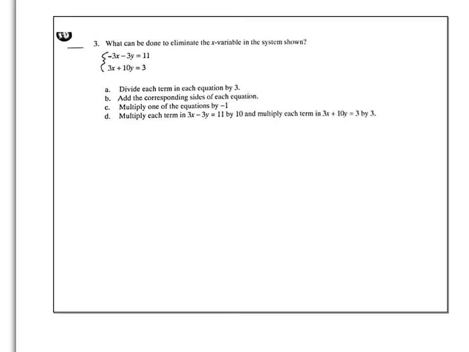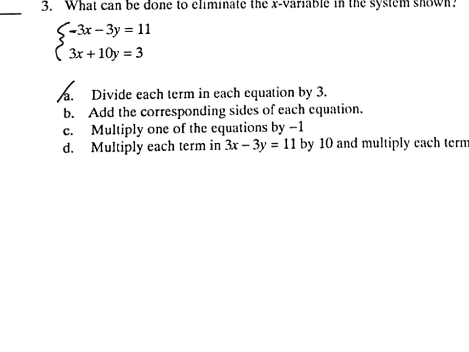Question number 3 says, what can be done to eliminate the x variable in the system shown? Well, we haven't talked about dividing, so we know it can't be that. Part B says to add the corresponding sides. Well, if I add, would that eliminate it? That's actually true, so we know it's choice B, but let's read the other choices. C says to multiply one of the equations by negative 1.